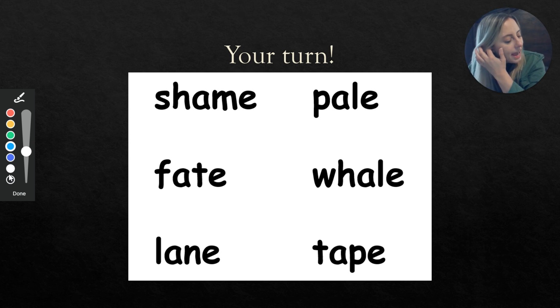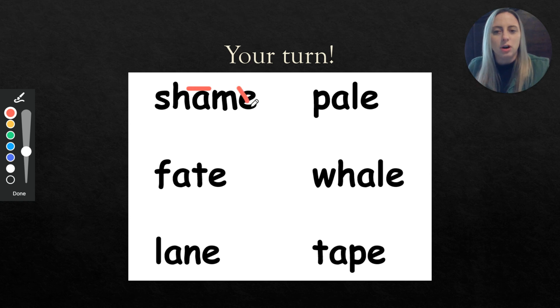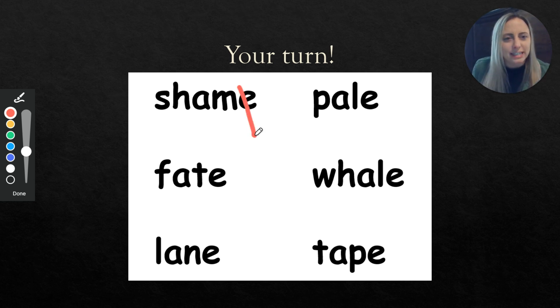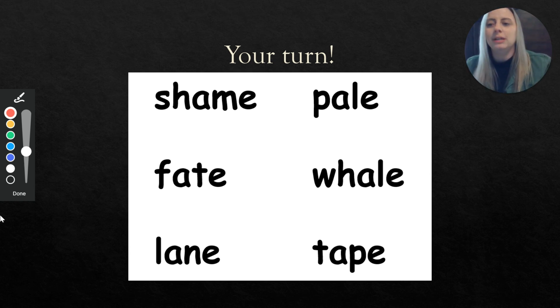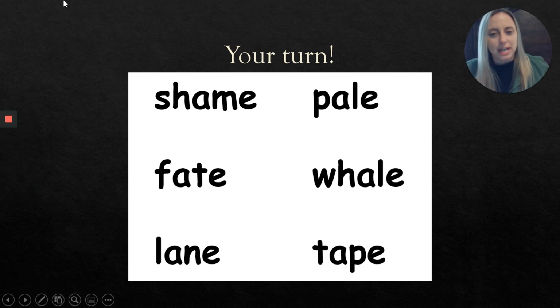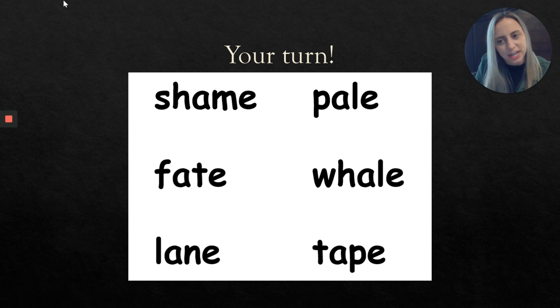Remember, the way we mark A-E words is by putting a macron over the A to show that it's long and cross off the E because it's not making any sound at all. I tell the kids, go ahead and shut that E up. And then they always yell at me. They tell me I've said a bad word. But if it makes it stick, it's good. So again, if you're in Miss Sauer and Miss Azzarano's class, you can head to Seesaw. If you're in another class, write this stuff down.